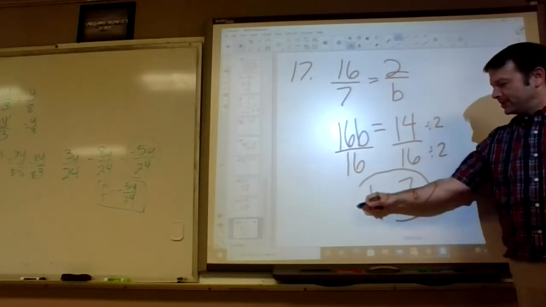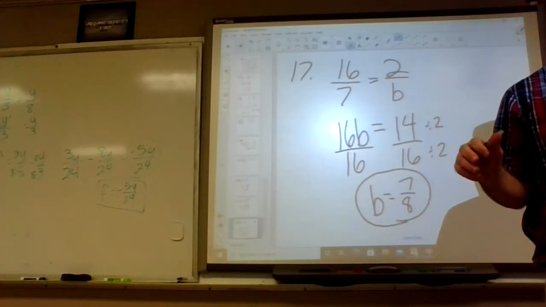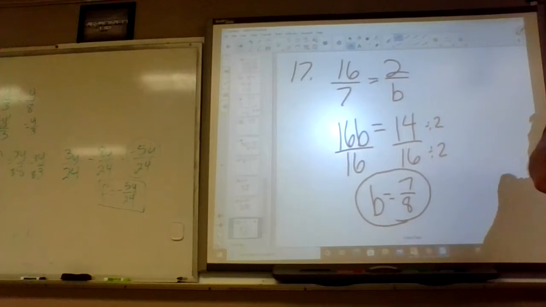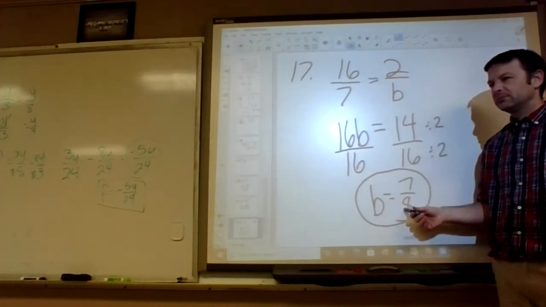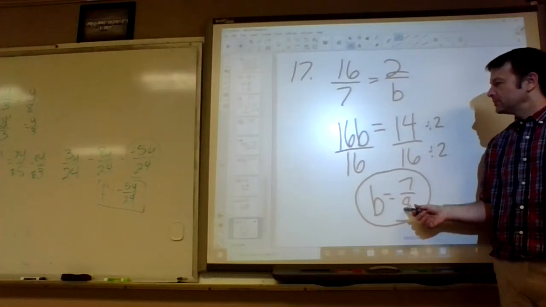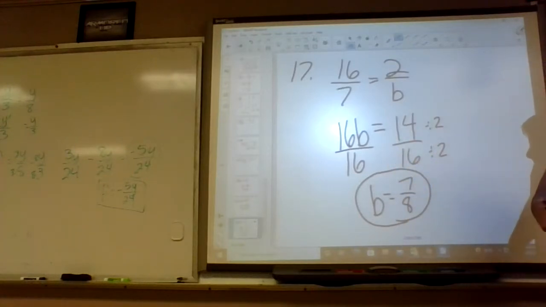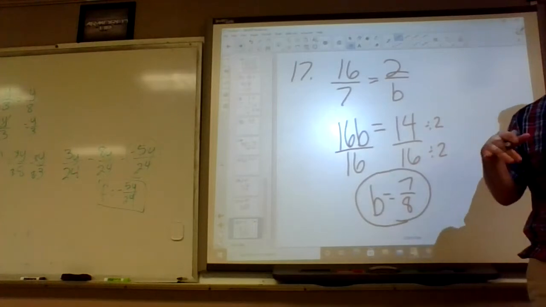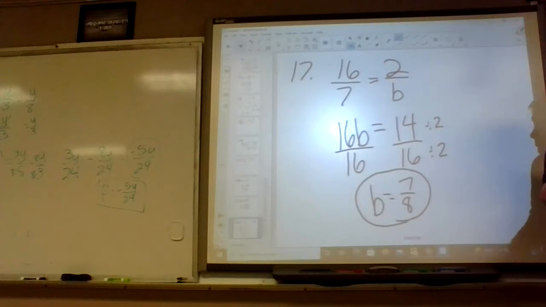Now if you put it in, what is that, like 0.825 or something? 0.875, right? No, you did it upside down. Be careful that you don't put the wrong one on the bottom.